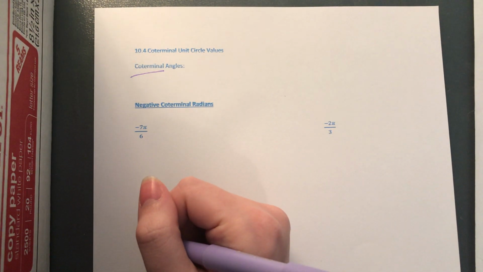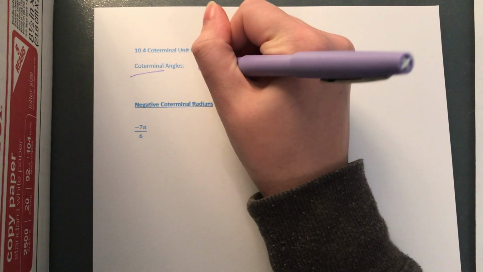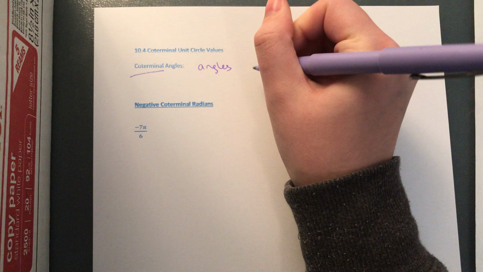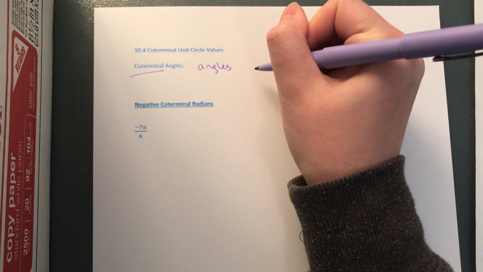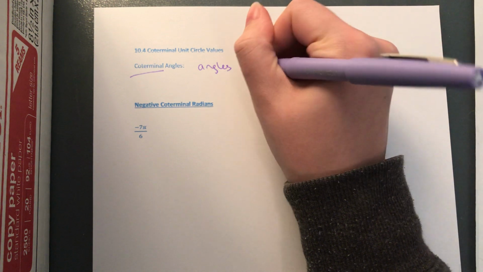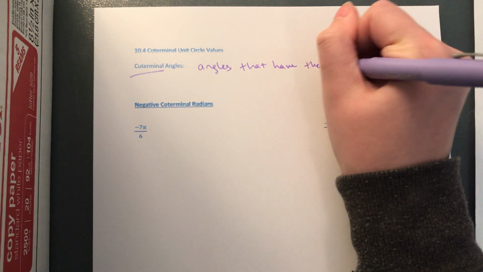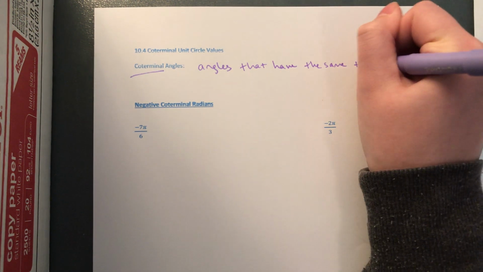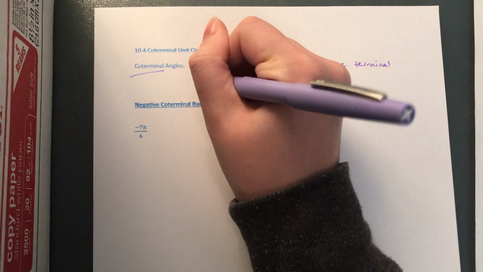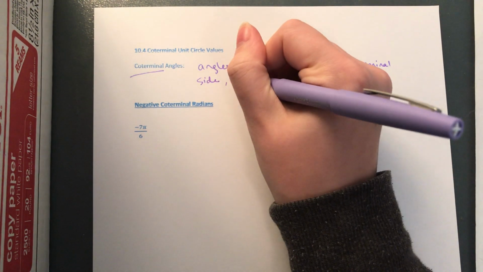So if you recall from a couple note sheets ago, coterminal angles are angles. So this is literally the same definition from the other sheet. I just want to remind you guys. They're angles that have the same terminal side, but you go around more than once.